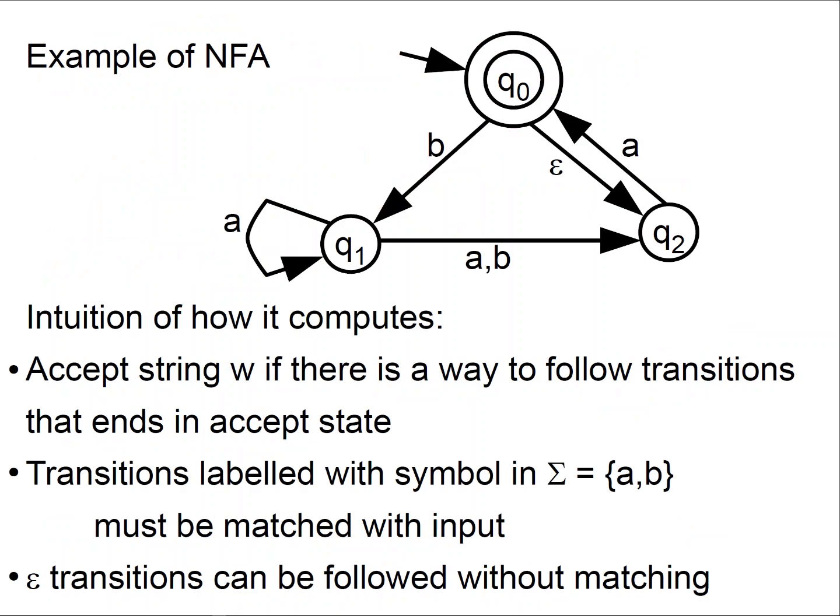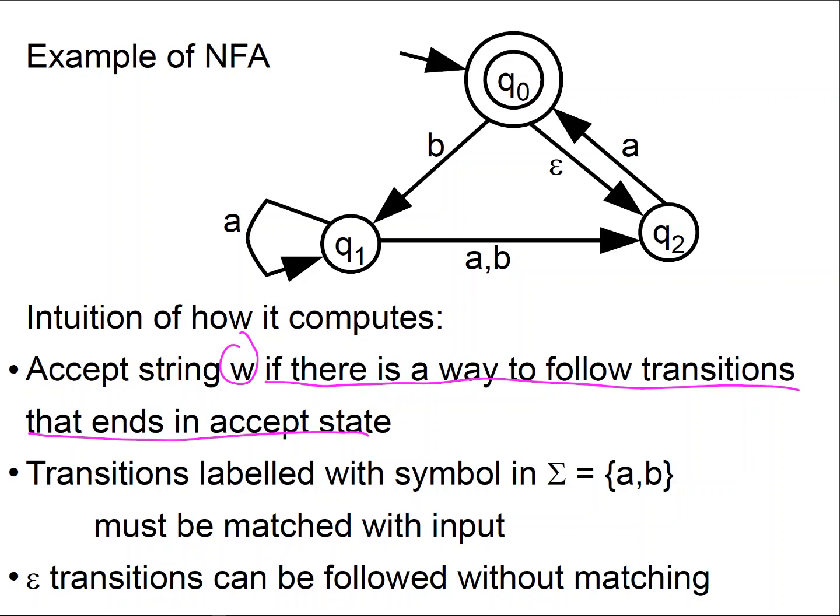Here is an example of an NFA. Again, it has a start state and an accept state and transitions, some of which may be epsilon transitions. Here is the intuition of how it computes. We're going to accept a string W if there is a way to follow transitions that ends in an accept state.